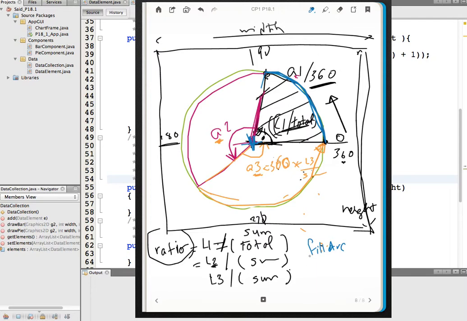The fillArc needs an x, a y, the radius that you have, and it needs a start angle and an end angle.